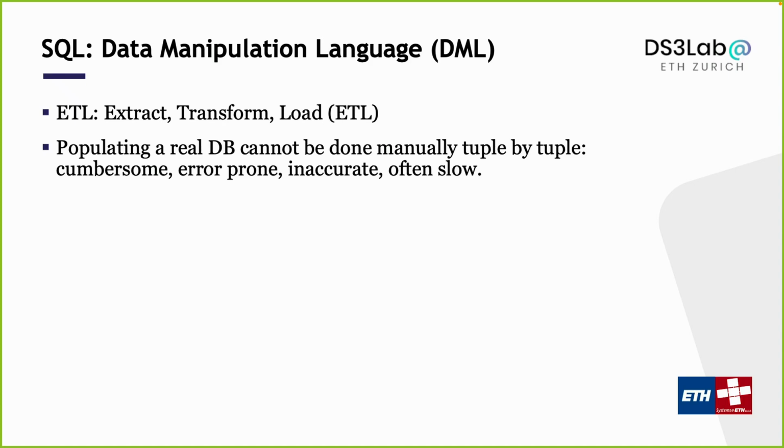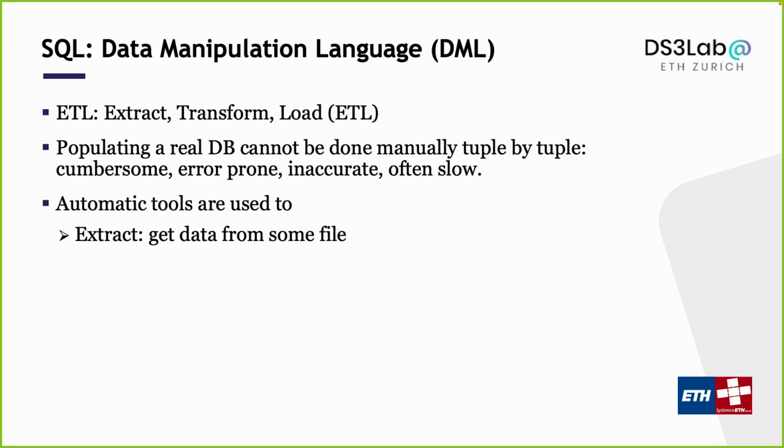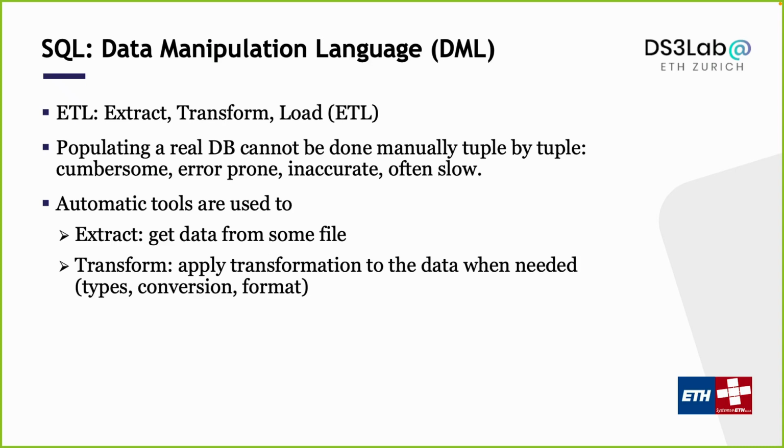So that is why in most database systems, you are able to do that in a bulk way, right? So in a different way, you put all those data into a couple terabytes of file and load them at once. Okay? So most systems actually give you this functionality. They also give you functionality to actually get data from some file, transform them, and also just load them together into a database table. So that's all for today, right? On Friday, we are going to continue to talk about SQL queries.